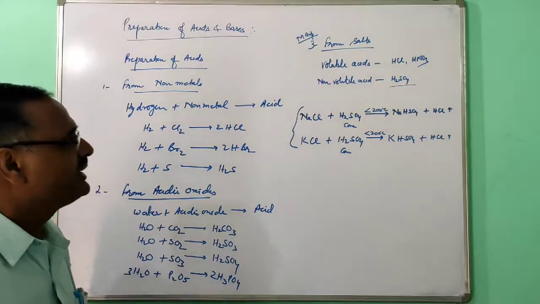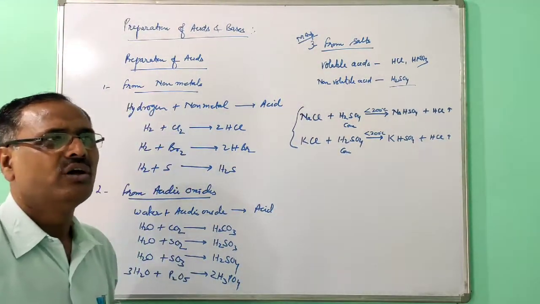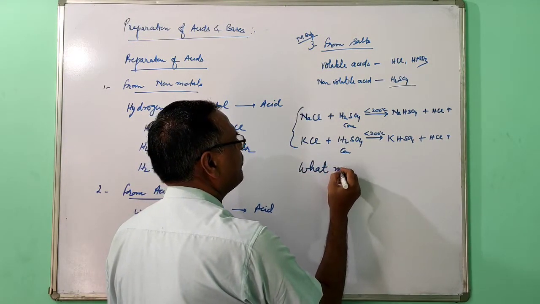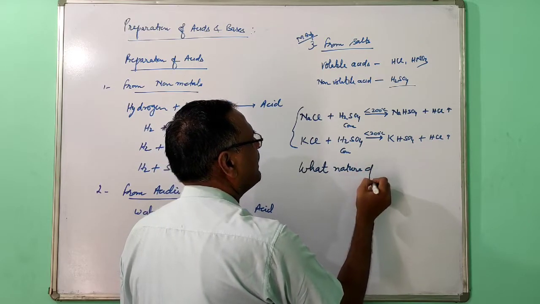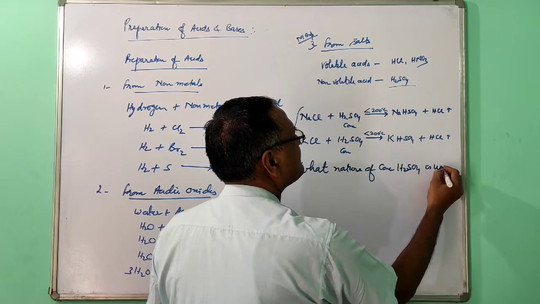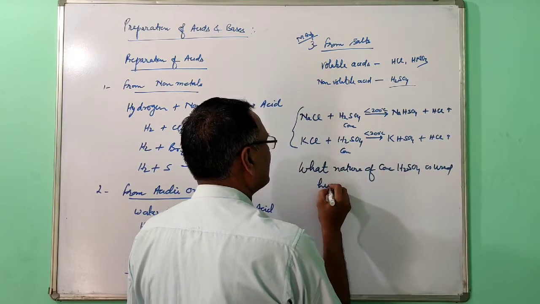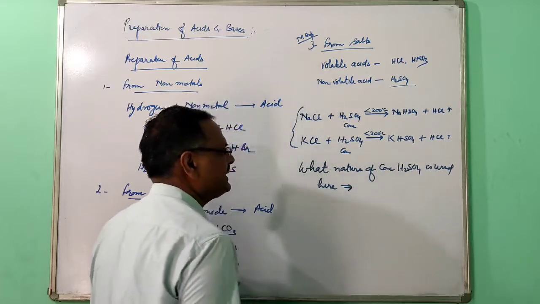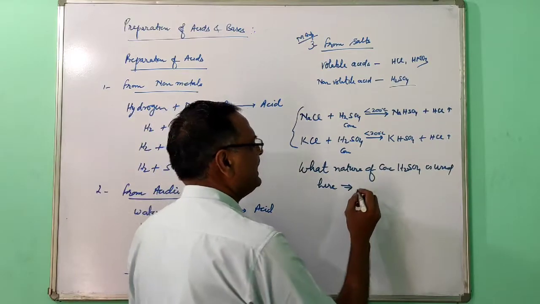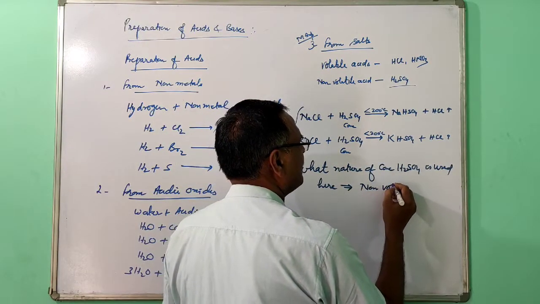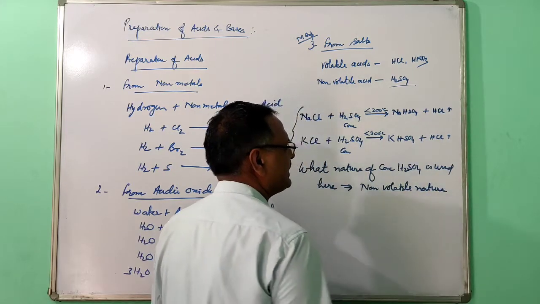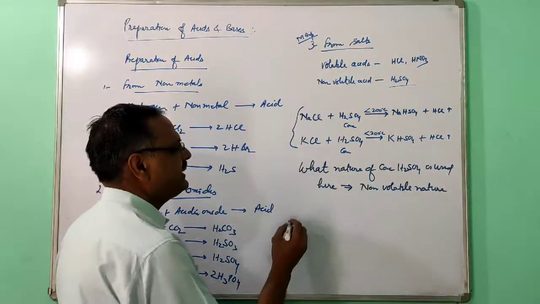First of all, the question can be asked, what nature of concentrated sulfuric acid is used here? What will you write as the answer? Non-volatile nature. Then the second question can be asked, name the gas released.